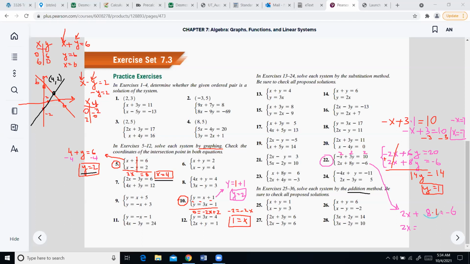Because 8 times 1 is 8. So if I minus 8 here and there on both sides, we're going to have minus 6 minus 8, which is negative 14. So when I divide both sides by 2, it'll be, of course, negative 7, the same exact answer that we produced over there, right? So the point of the story, it doesn't matter what equation you use to find your second variable.